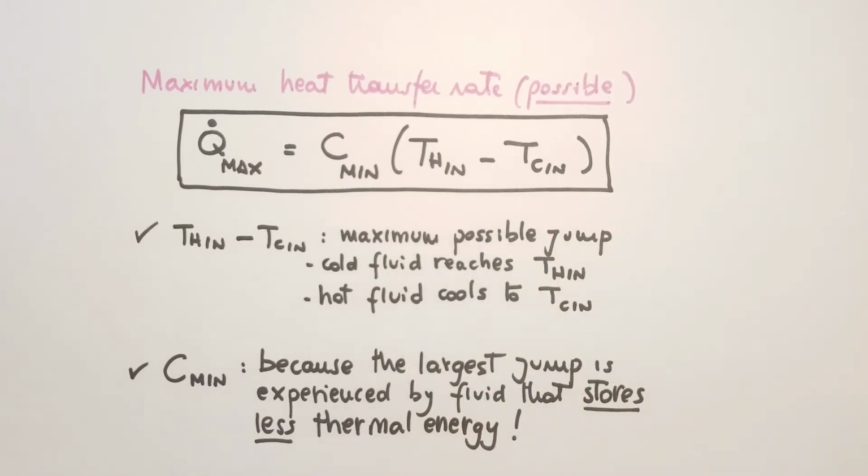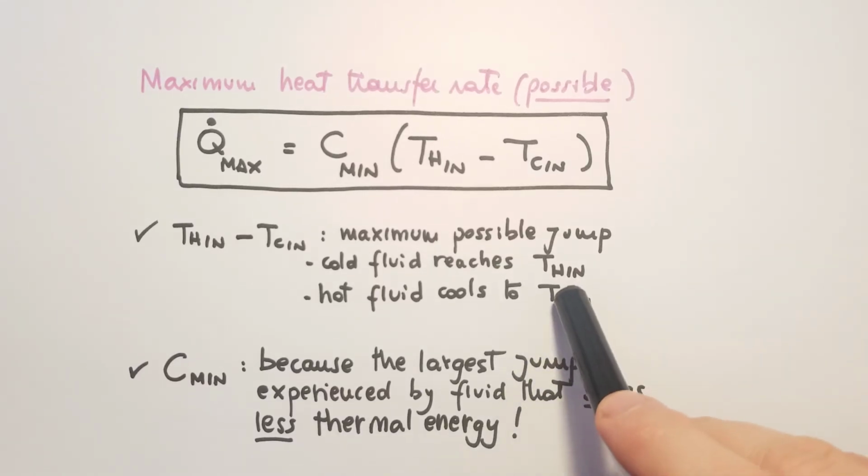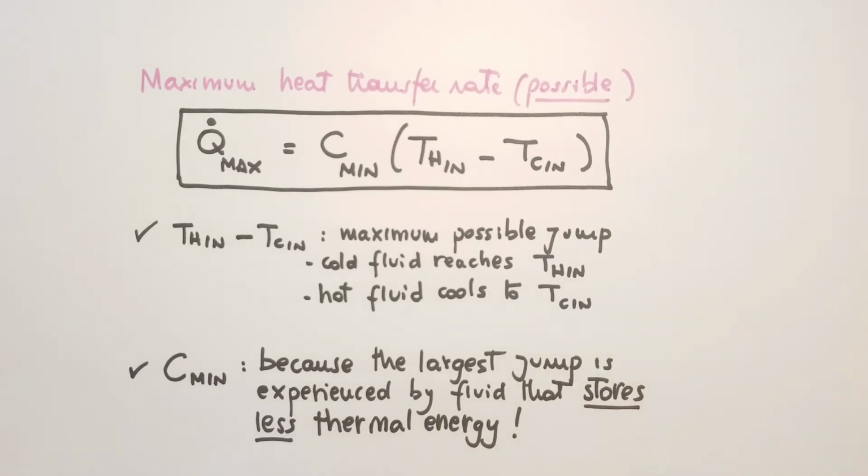So this temperature difference is the maximum possible jump, and that occurs when the cold fluid reaches the inlet temperature of the hot fluid, and also when the hot fluid cools down to the inlet temperature of the cold fluid. So this is the maximal possible jump that can be achieved by either of the two fluids.